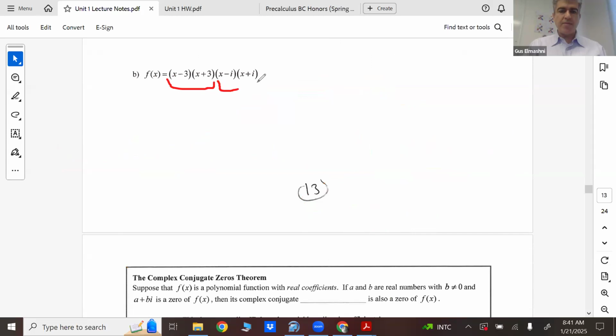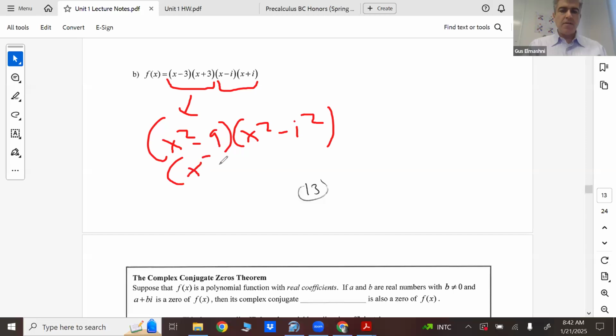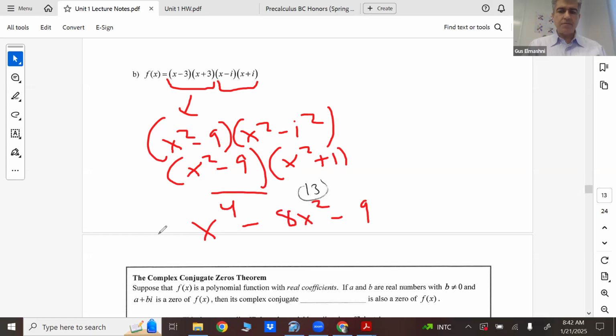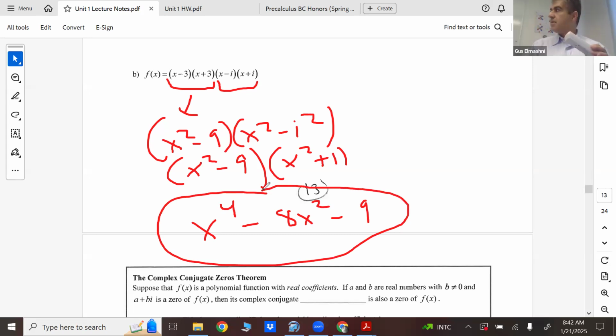Probably want to FOIL the first two and last two, then bring them together afterwards. Good?